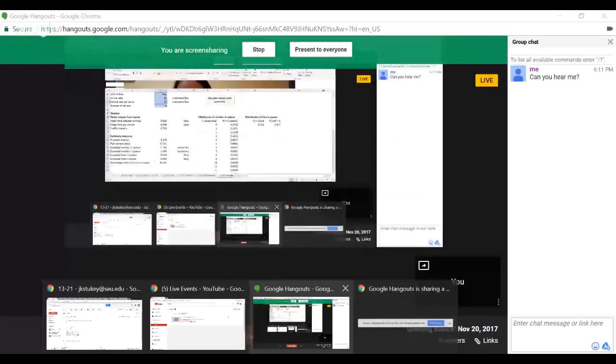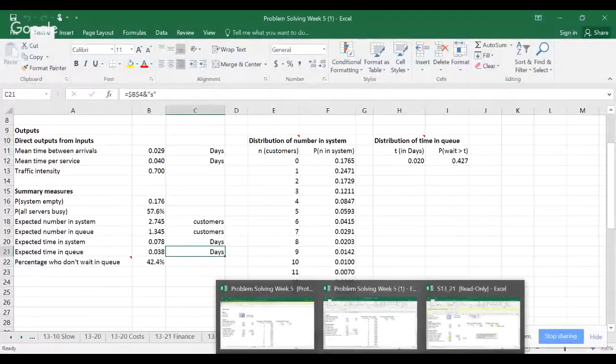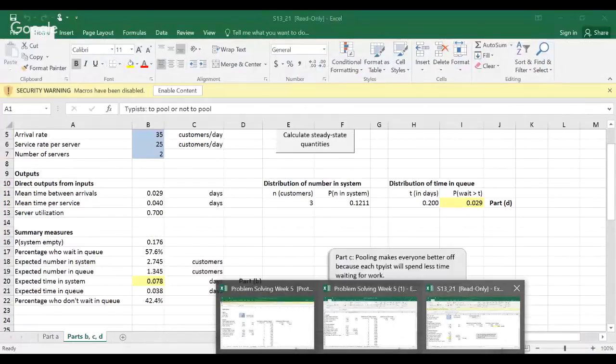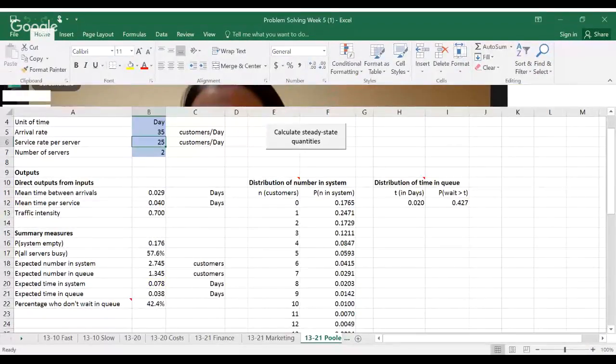All right, other questions? Yes, Josh. I just had a question on where you went from the M/M/1 to M/M/s, how you did that. I'm not sure where you got the numbers. Okay, we can look at that. So the question is, where did we get the numbers for the pooled M/M/s?